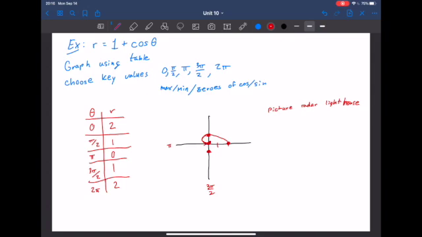I have a specific name for this. Back out, down to 3 pi over 2. And then all the way back to start. So it should be a little rounder than that. But this kind of shape is called a limaçon. It has a funny French cedilla or whatever.